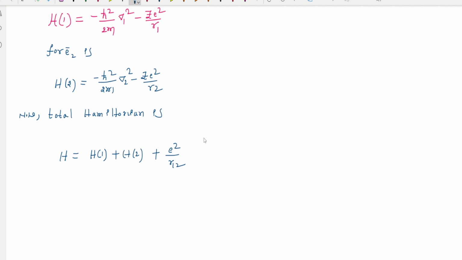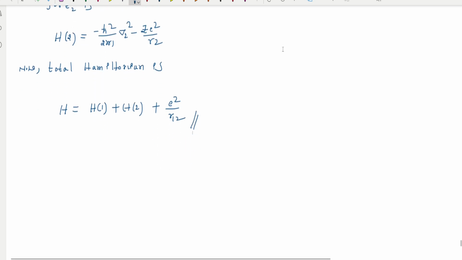This one is a very difficult term to calculate, the integration term. So remember this one. Okay.